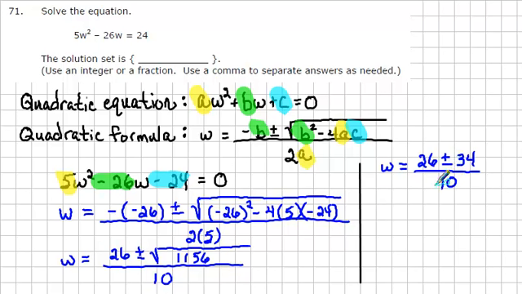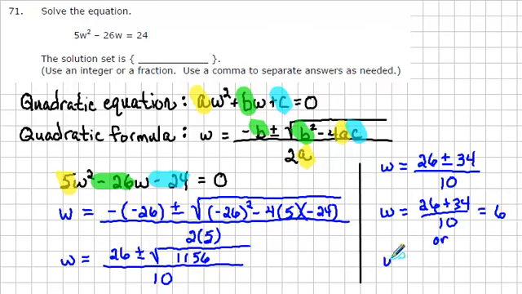Now the plus or minus indicates that there are actually two different solutions. One solution is W is equal to 26 plus 34 over 10, and 26 plus 34 is equal to 60, and 60 divided by 10 is 6. So one solution is 6.